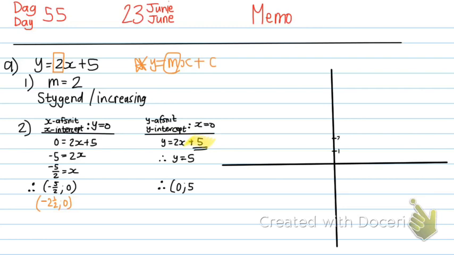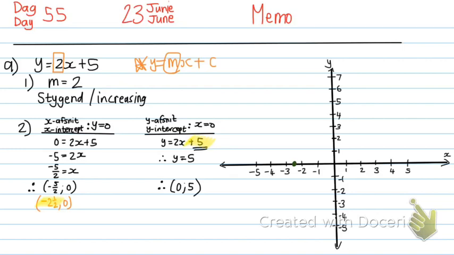Now I draw my Cartesian plane neatly. Okay, so I see -2.5 for the x-intercept is between -2 and -3, so I plot a point there.